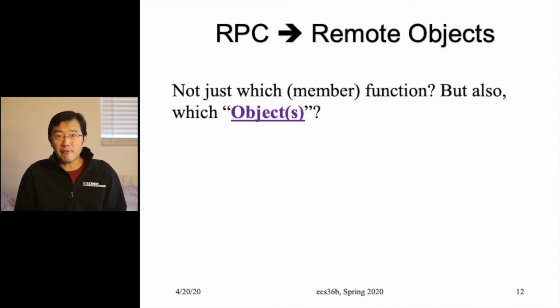Because as a member function, you could have 10 million objects out there. How do I know which one of those 10 million I need to connect with? And therefore, you need to have something extra built on top of RPC to complete this connection.